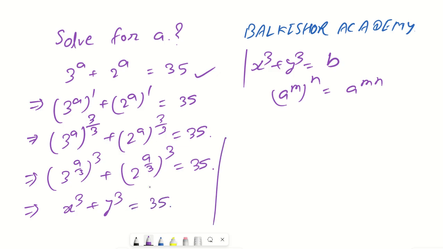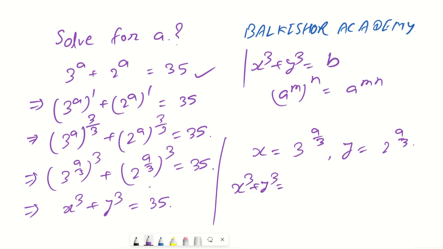How have we written this? We have considered x is equal to 3 to the power a by 3 and y is equal to 2 to the power a by 3. You know already x cube plus y cube is equal to, what is the formula?